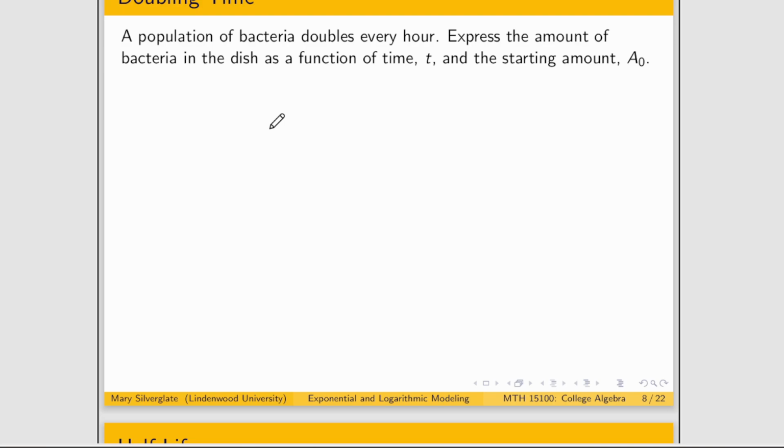We also could write an even more generic equation. So let's say I didn't even tell you exactly how much I started with. So I wanted to write something that was a function both of whatever my starting amount was and time. It still doubles every hour. So we have our final amount is equal to the initial amount, e to the kt. And I'm allowed to keep that A naught.